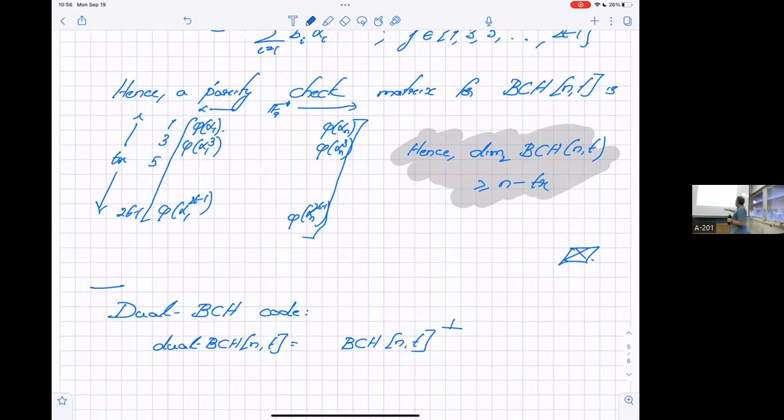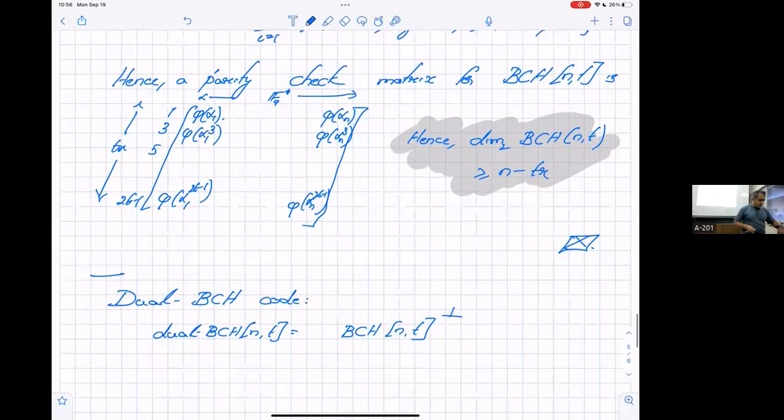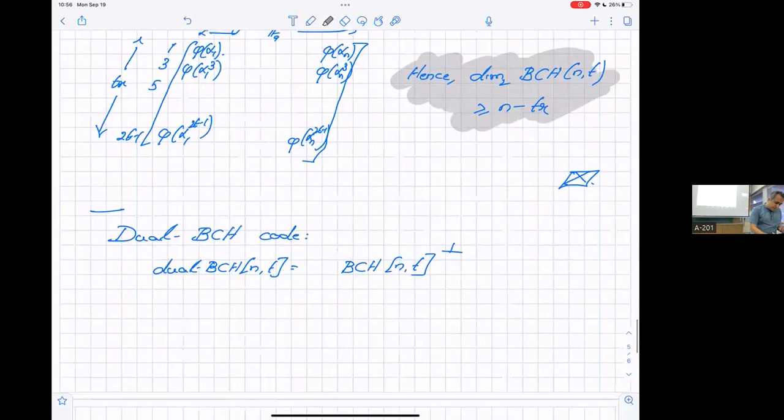Okay, so already we have seen this object. What is the dual of a BCH code? We have defined the BCH code by a parity check. So if you define it by a parity check, that means every row of the parity check is essentially a member of the dual BCH. Furthermore, the span of those rows is the dual BCH. Any element in the span of the rows is a member of the dual BCH. There's a nicer way of writing that span.